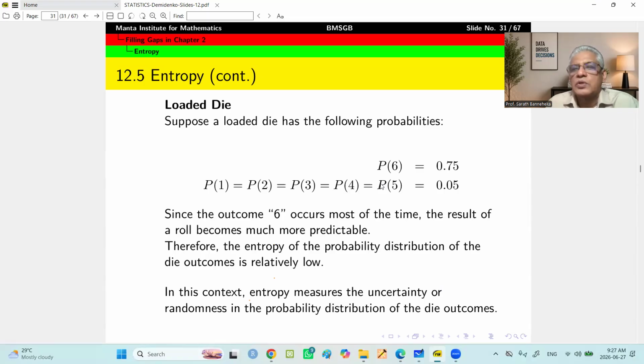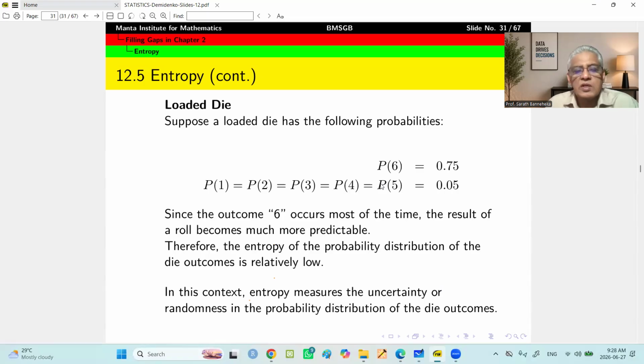So here the freedom or the randomness is less. Since the outcome 6 occurs most of the time, the result of the roll becomes much more predictable. Therefore, the entropy of the probability distribution of the dice outcomes is low here.